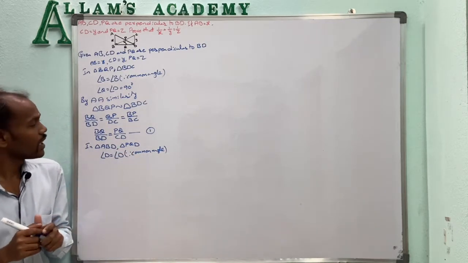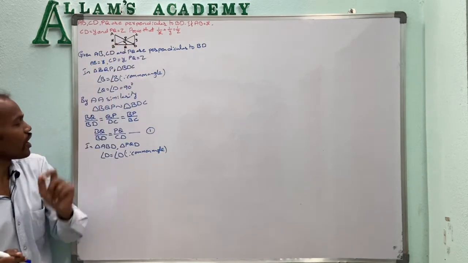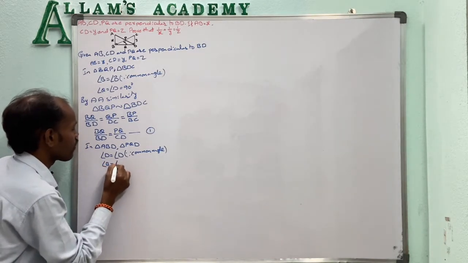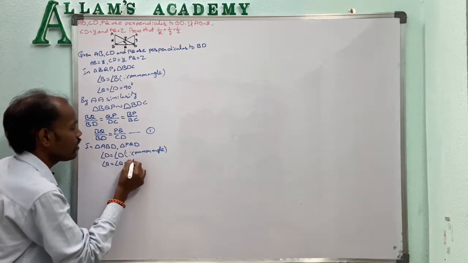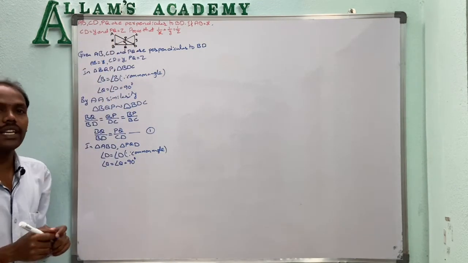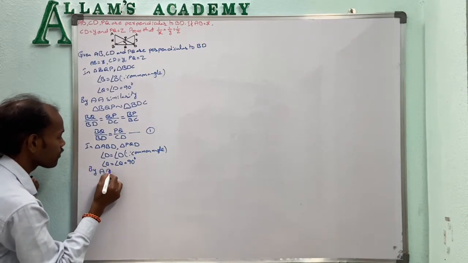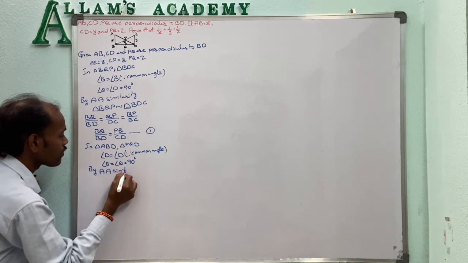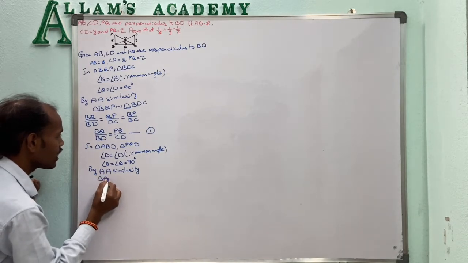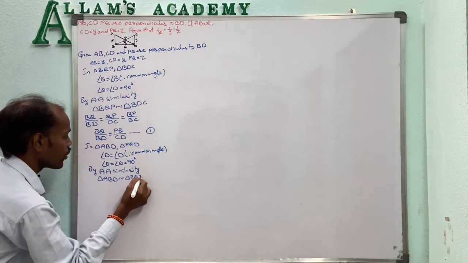And angle B is making 90 degrees and angle Q is also making 90 degrees. So angle B is equal to angle Q, that equal to 90 degrees. So the remaining third angle, angle A and angle P, is also equal. So by AA similarity, we can say triangle ABD is similar to triangle PQD.